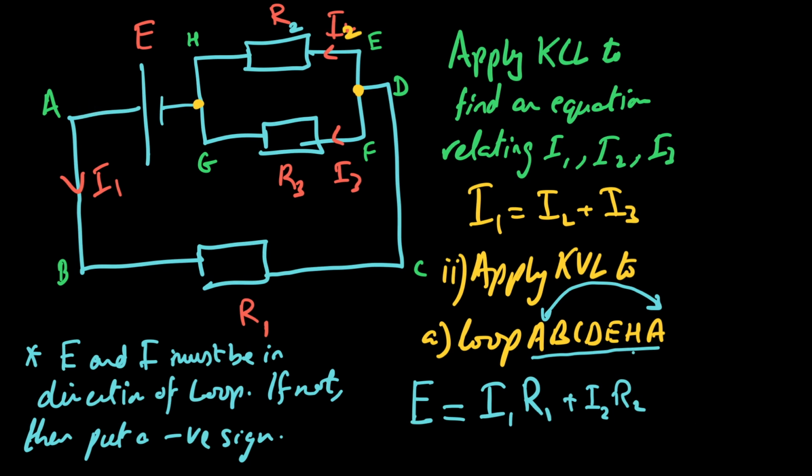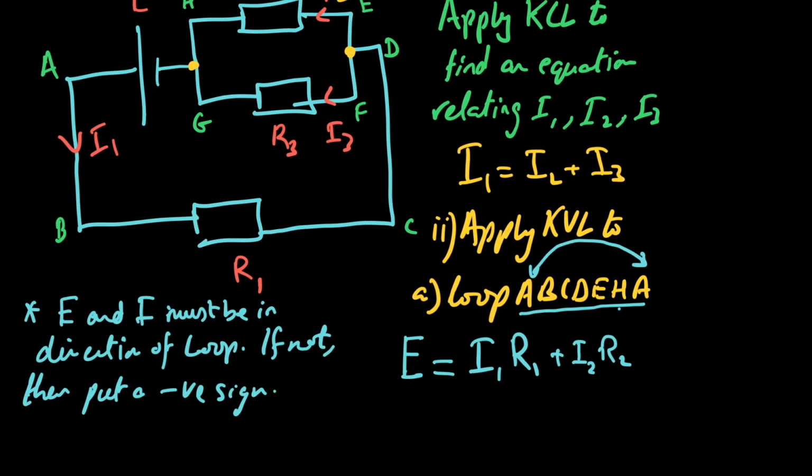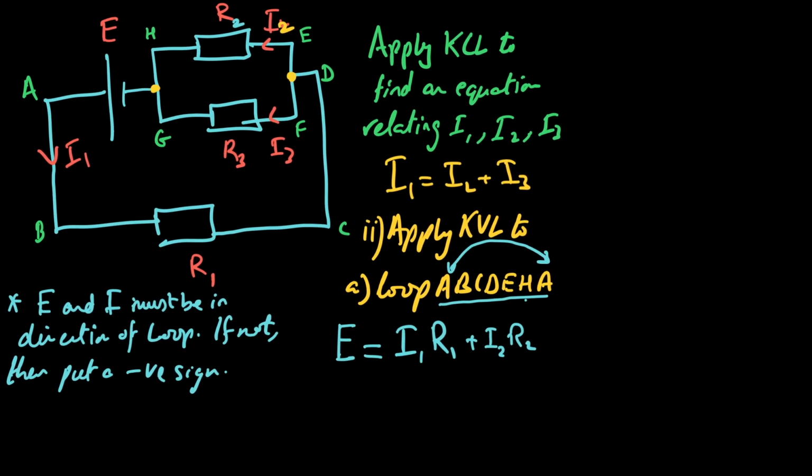I hope it makes sense. Let's try another example with the same circuit. In fact, you should pause the video and you try this loop. You should try for loop H, G, F, E, H. Interesting.